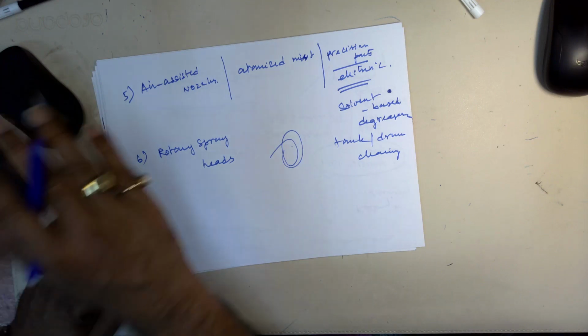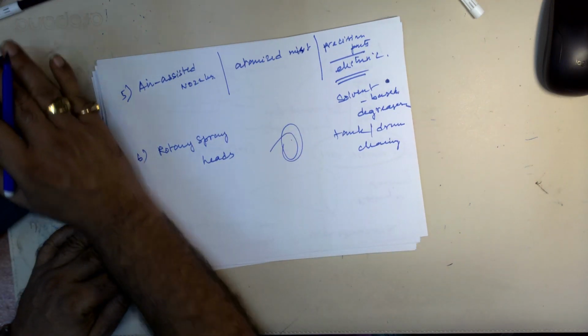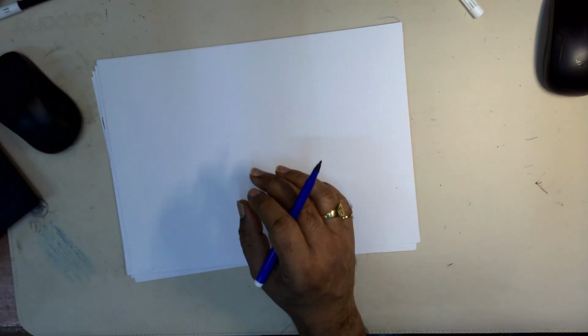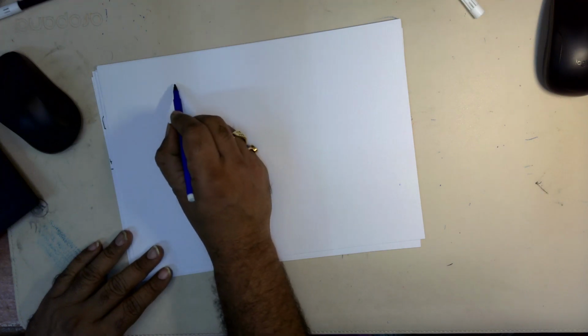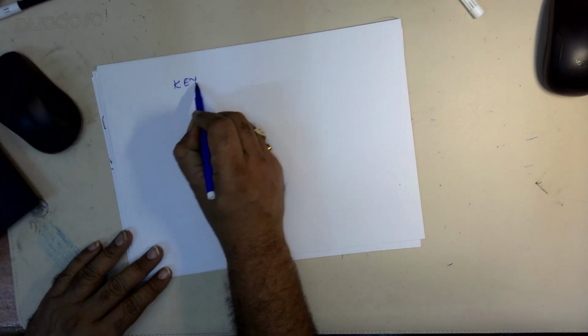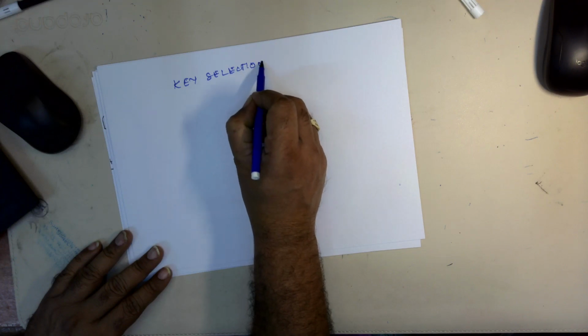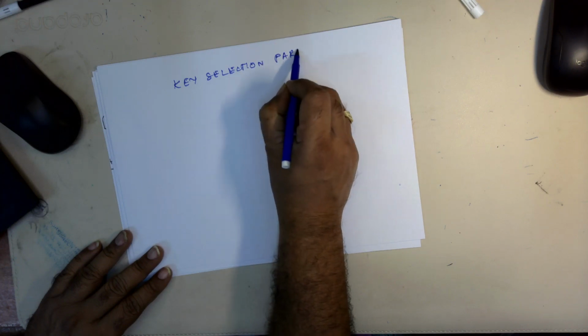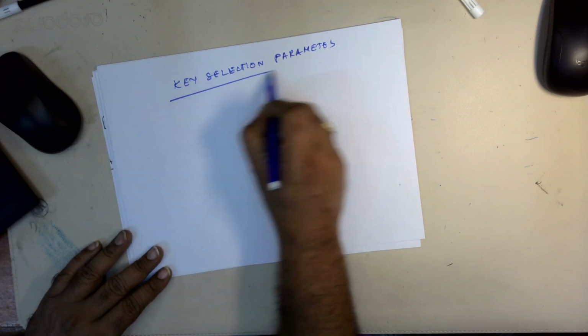Okay. So I have been discussing all these things regarding cleaning, and especially when it is coming for processing, there are some key selection parameters that are very important, especially for degreasing.